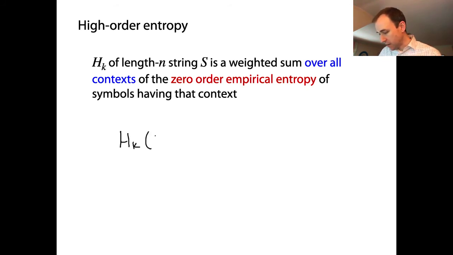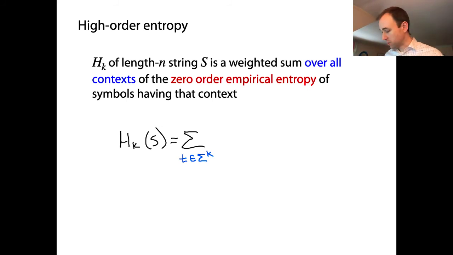H sub K of S, the length n string, equals a sum, over all contexts. I'm going to use T as a variable for a string, so all possible strings in the set sigma to the K.